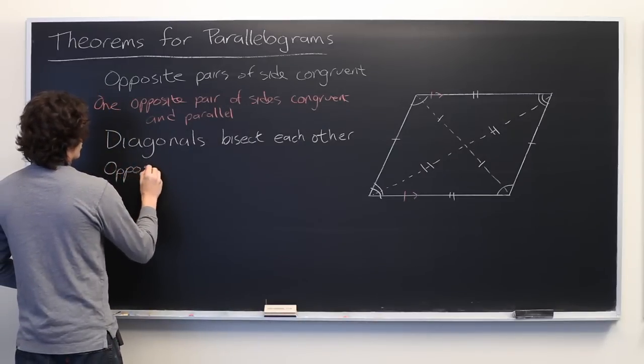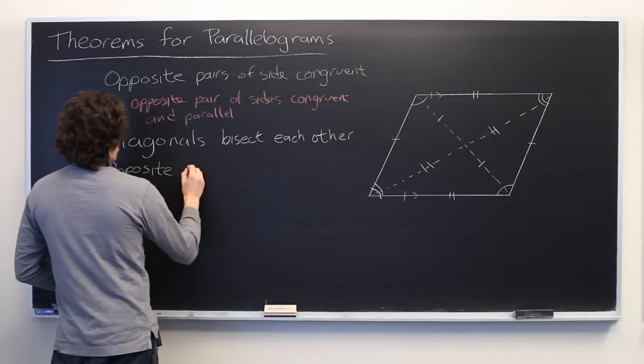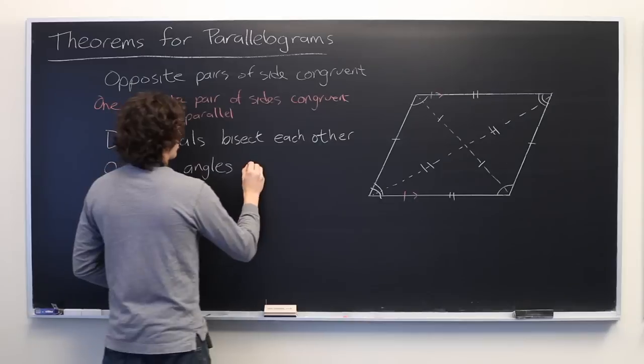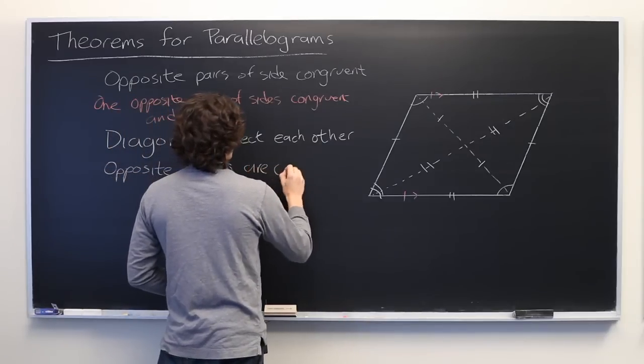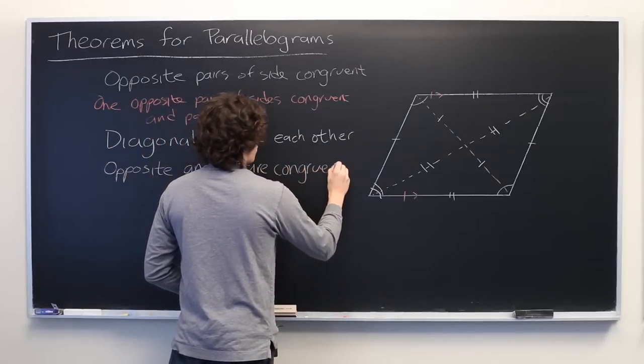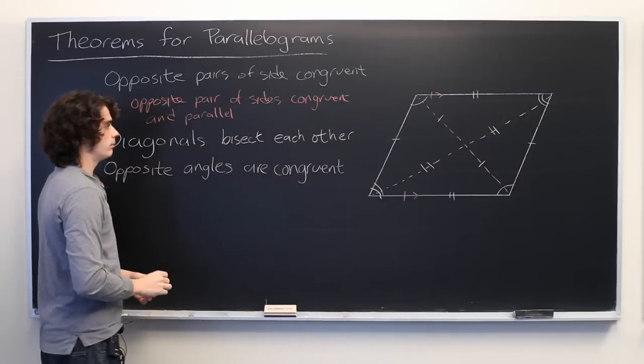So we have opposite angles are congruent. Okay.